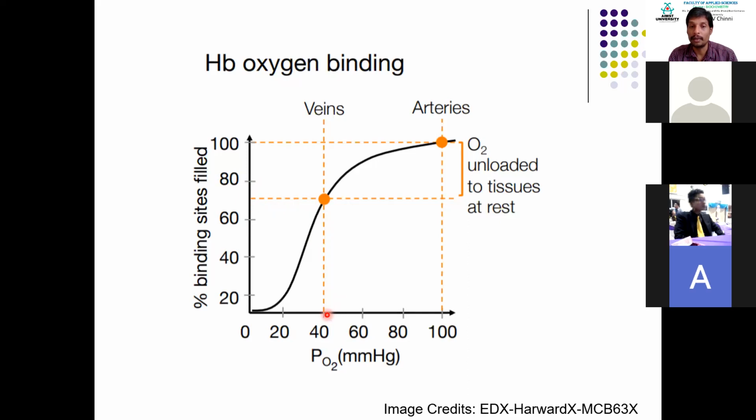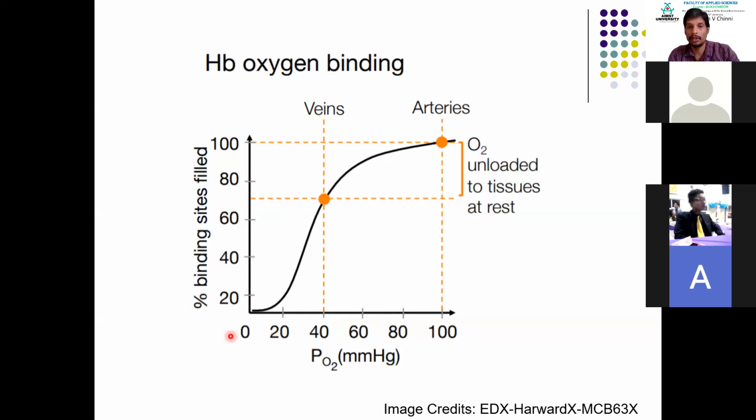Even at 40 mmHg available, 70% of the hemoglobin is binding. And when it is 100, what you see in the lungs, the arteries, the oxygen is fully available, where 100% is filled. Though there is a huge change in the oxygen pressure, that means 100 to 40, the oxygen binding will reduce only slightly, that is 100% to 70%.